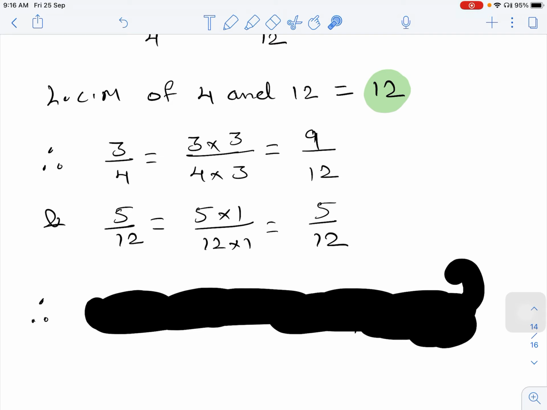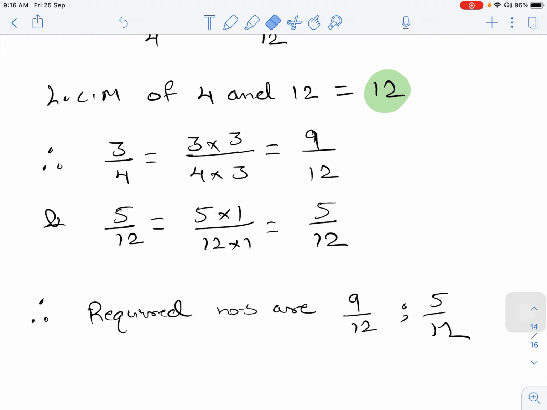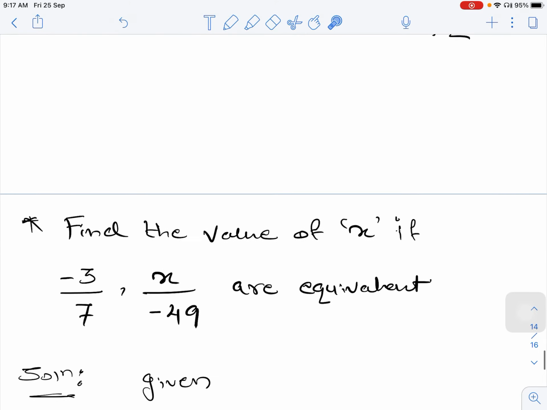Now remember what was the question, that we have to write equivalent numbers for both and they both should have the same denominator. So here we have 9 upon 12 equivalent to 3 upon 4, 5 upon 12 equivalent to 5 upon 12, and these both numbers are having the same denominator. Okay, so finally we can write that the required numbers are 9 upon 12 and 5 upon 12.